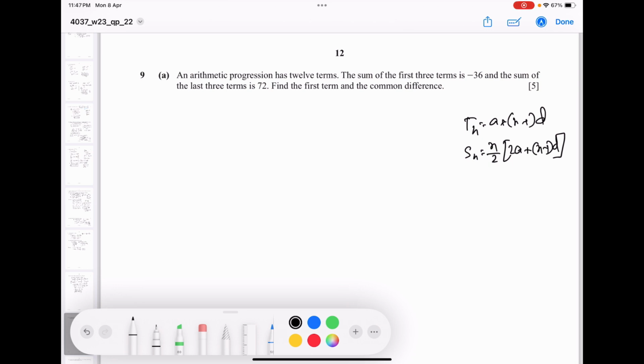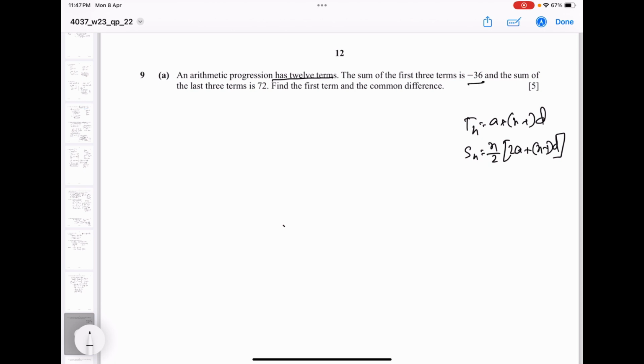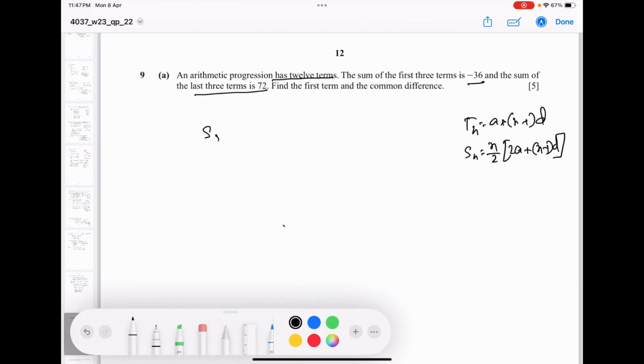In the arithmetic progression it has 12 terms. The sum of the first 3 terms is minus 36, and the sum of the last 3 terms is 72. S3 equals minus 36.